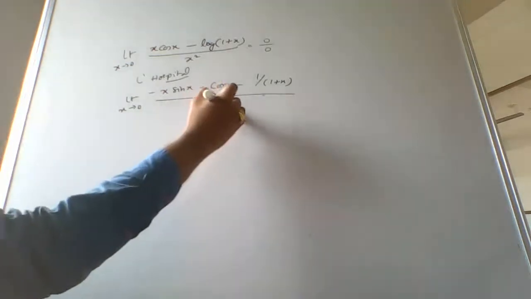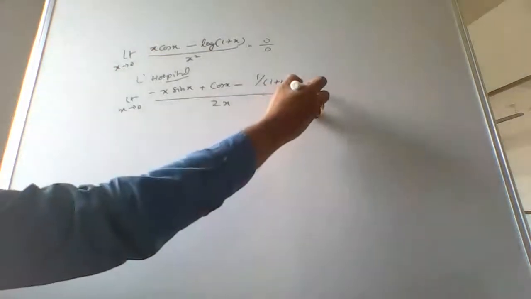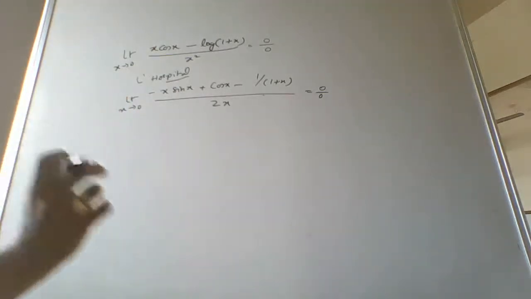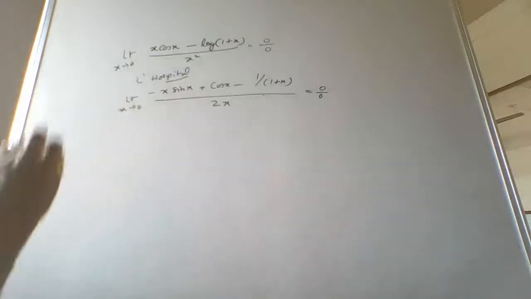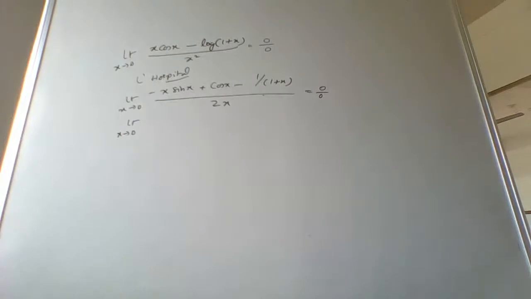Now the denominator would be 2x. Okay. Now again, if you substitute x as 0, this becomes 0 by 0. Again, by applying L'Hopital's rule, we differentiate with respect to x for the numerator and for the denominator.